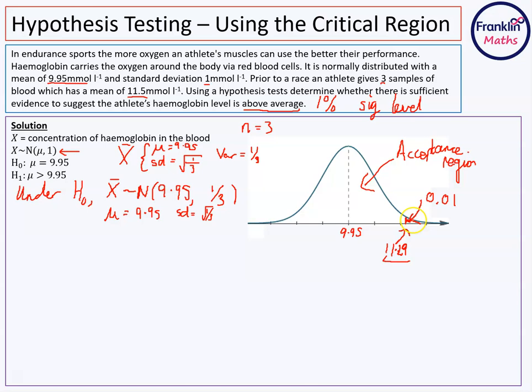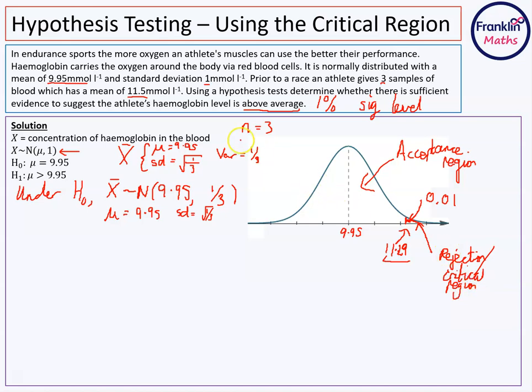Or is it in the rejection region, or what we sometimes call the critical region in here? Well, 11.5 is in there somewhere. Okay, so that is the rejection region then. I'll put a slash in it, or critical region.